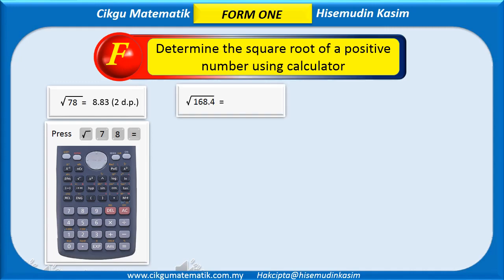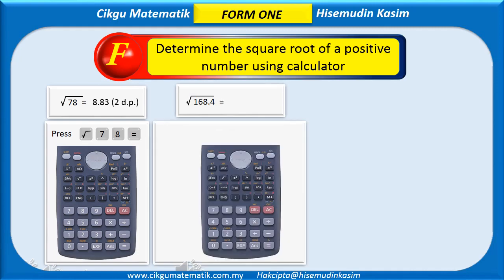The square root of 168.4. Press square root 1 6 8.4 equal. 12.98 to 2 decimal places.